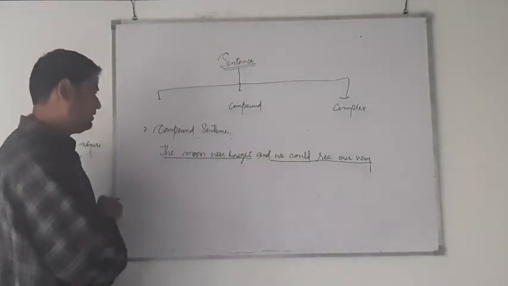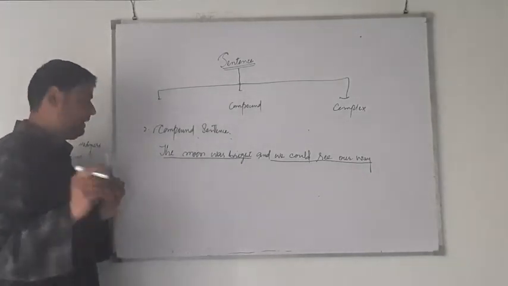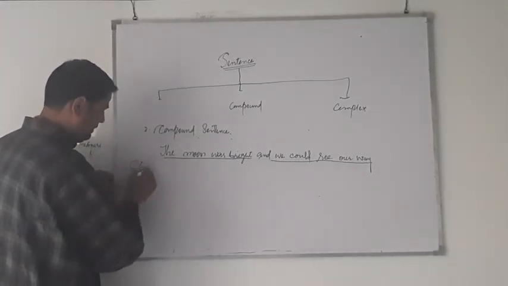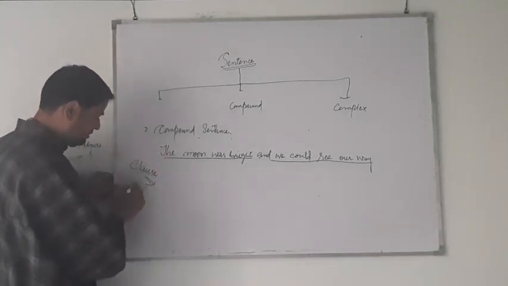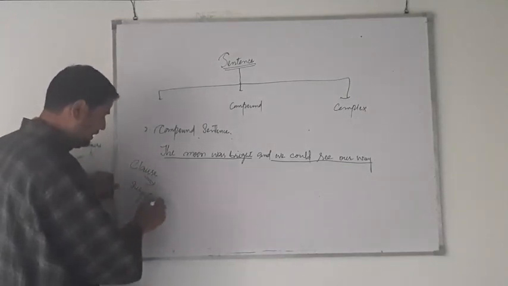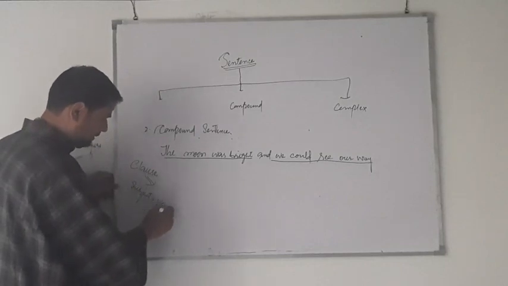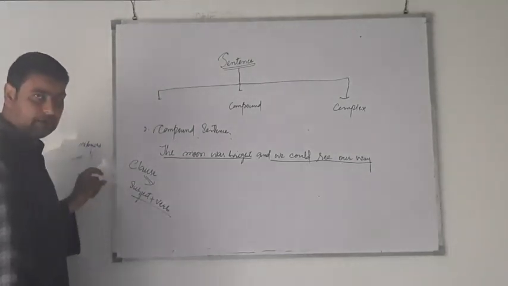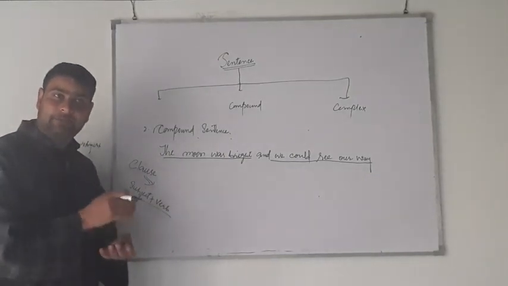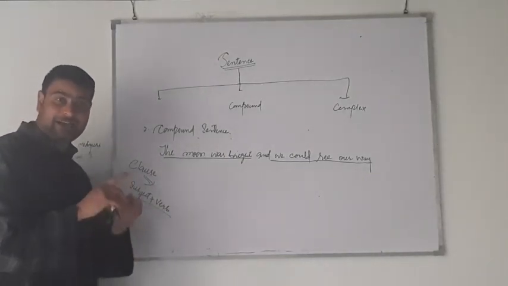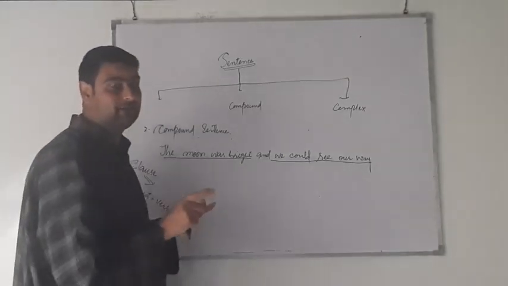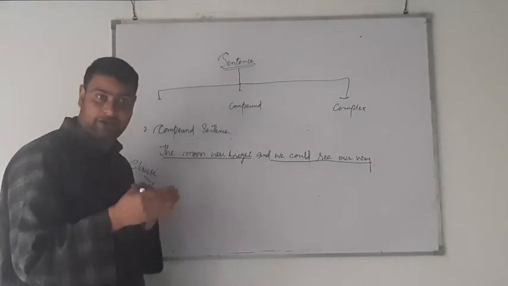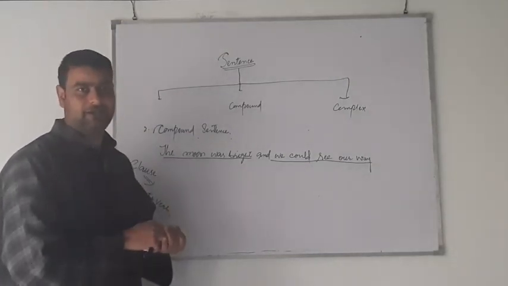Look, dear students, we read about clauses. I told you there a clause has its own subject. It has its own verb as well. But I told you a clause may give or may not give complete meaning.